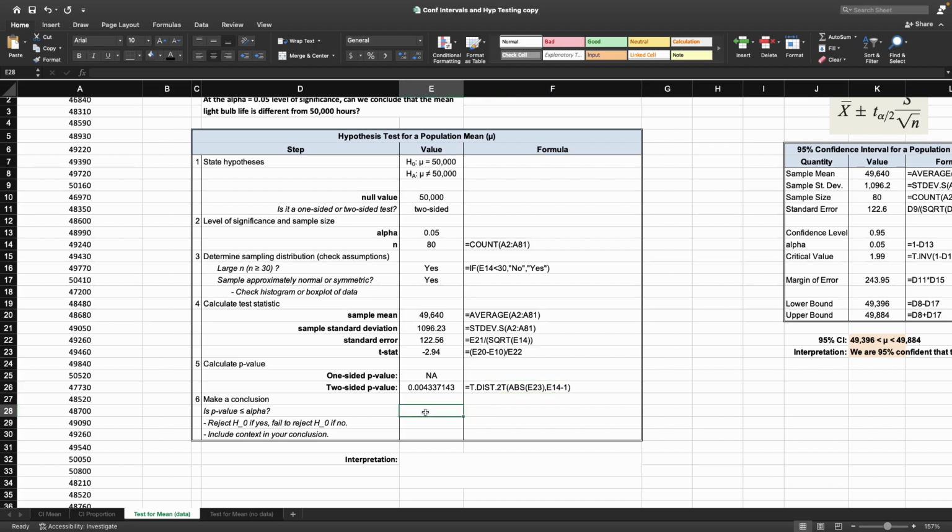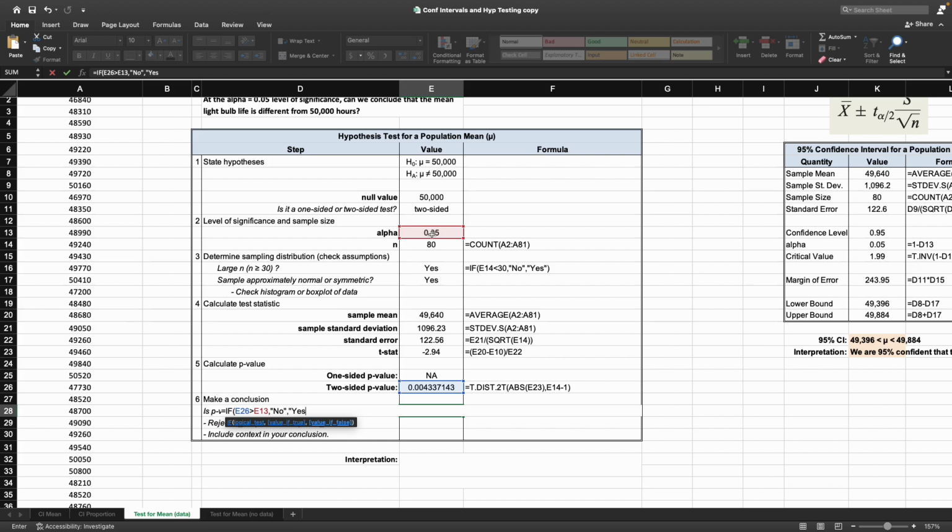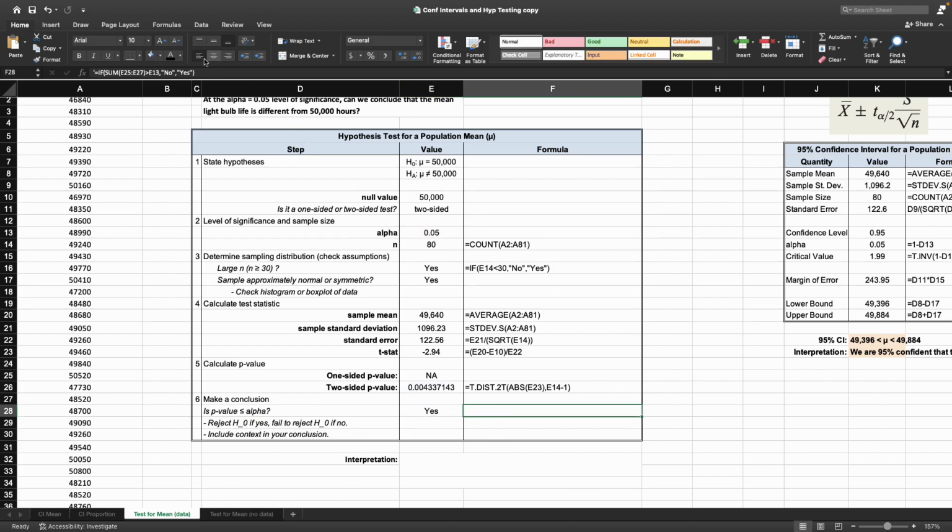Okay, so p-value. So we reject if the p-value is less than alpha, right? So we're going to say equals IF, so p-value is bigger than alpha, then we're going to say no, otherwise yes.